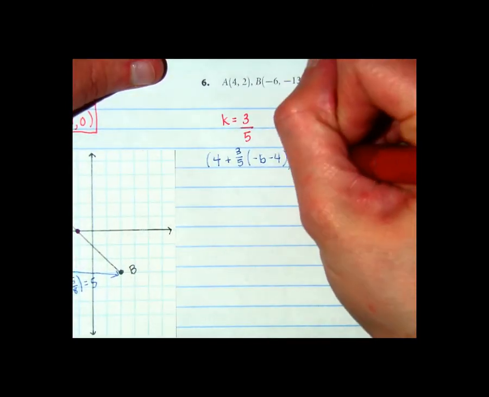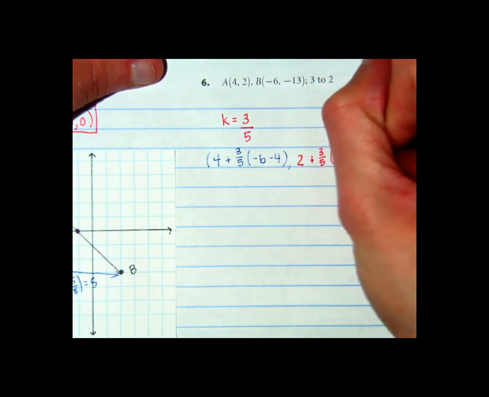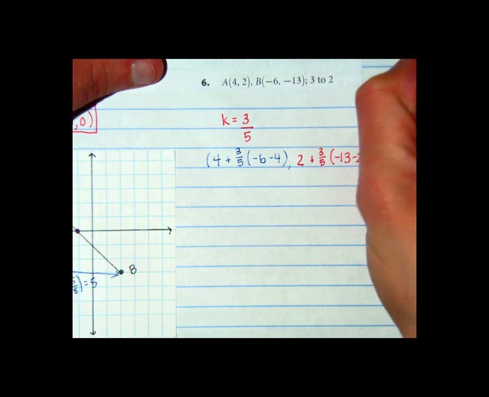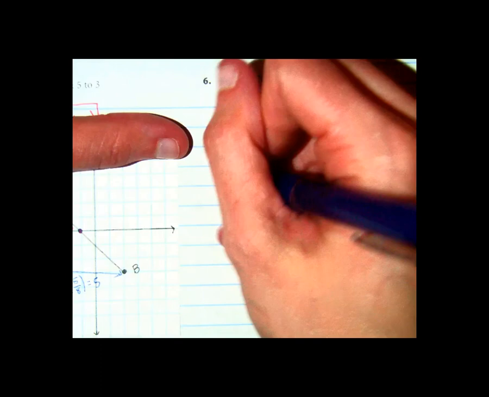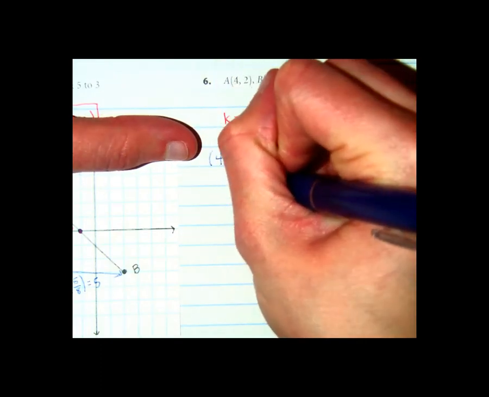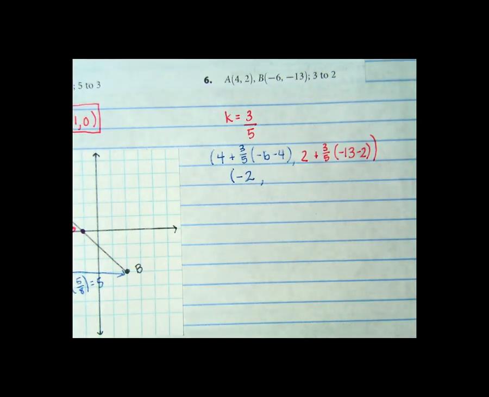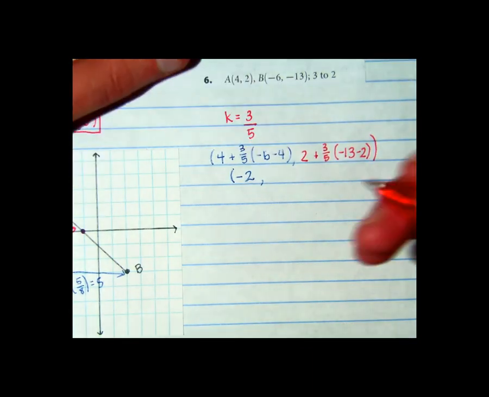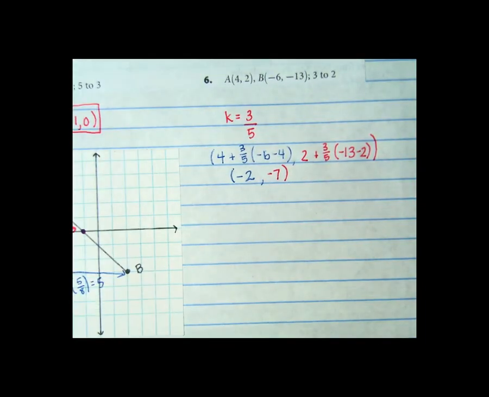And y1 plus k times y2 minus y1. What did you guys find for the x value? -2. If you're having any problem, type that in the calculator or figuring this out, let me know. I'll help you when you're working on your assignment. How about the y value? -2, -7. Make sure you're putting a comma and make sure you're putting parentheses around there. A lot of people don't put parentheses around them, and that's not mathematically correct.